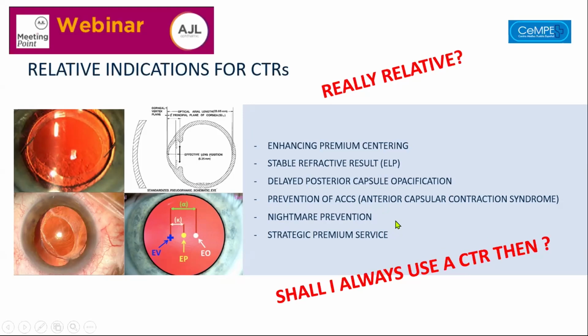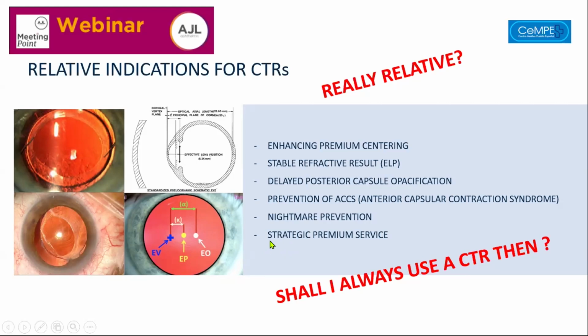And this is provided by the implantation of the CTR during the cataract surgery, which takes just a couple of seconds. And also, it's not an expensive device considering the amount of problems you can get rid of and prevent just by implanting it.